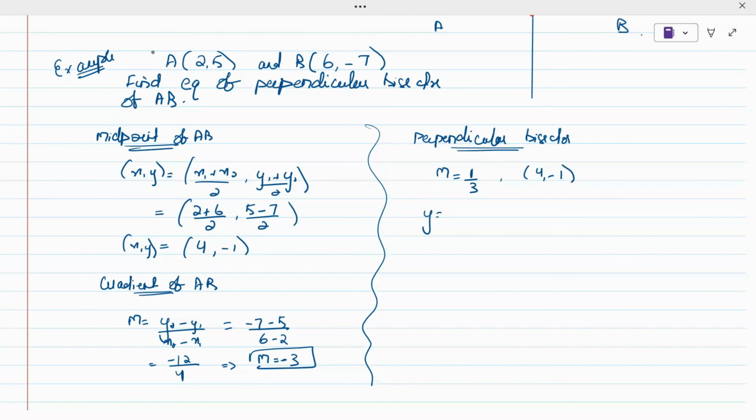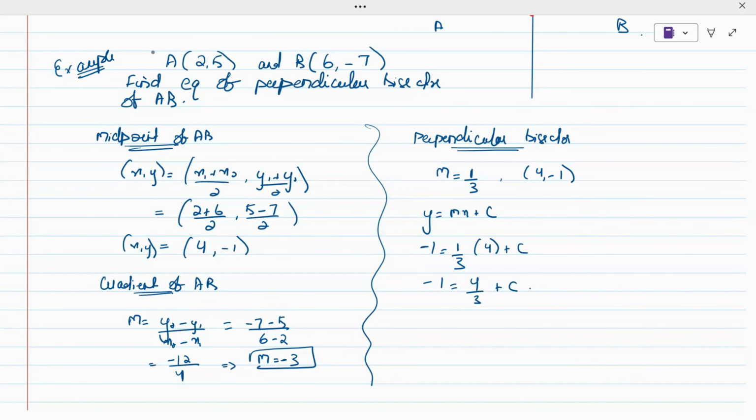So we'll use y is equal to mx plus c to find c. So y, that's a minus 1, is equal to 1 upon 3 into 4 plus c. Minus 1 is equal to 4 upon 3 plus c.